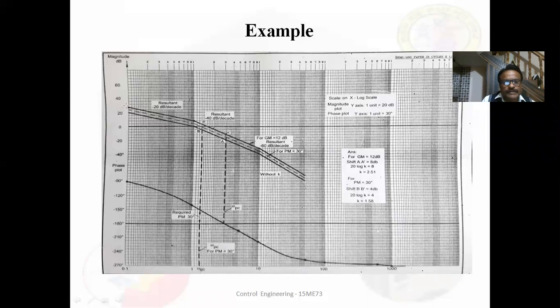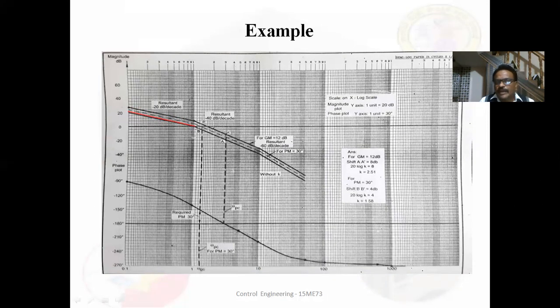From this point, draw a slope line for 1 by s or 1 by j omega. That is minus 20 dB per decade. Decade means 10 times, 0.1 to 1.